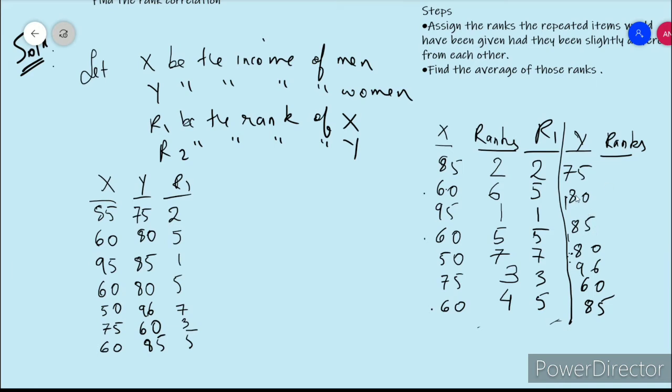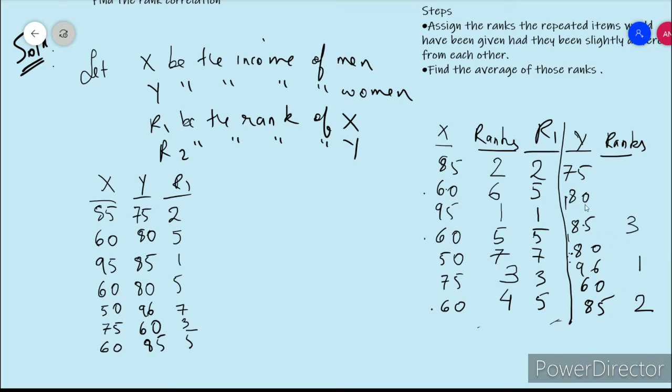So let us first assign the ranks. So 96, again going in the descending order, the highest value, so rank 1. The next high value is 85, and 85 gets repeated twice. So if this was assigned the second rank, if this was slightly different from this, it would have taken the third rank.